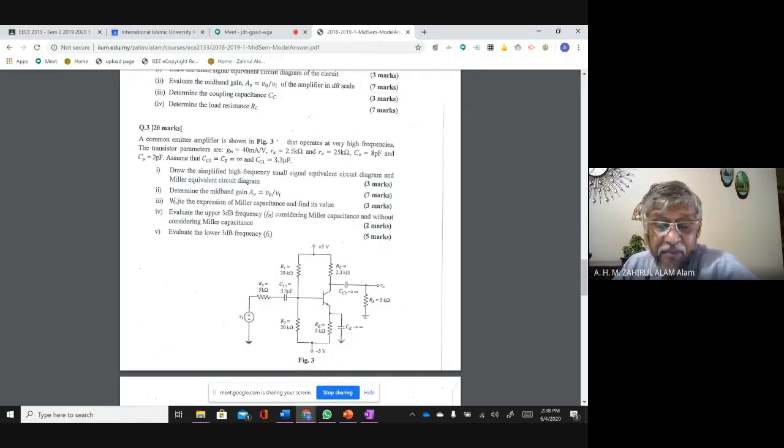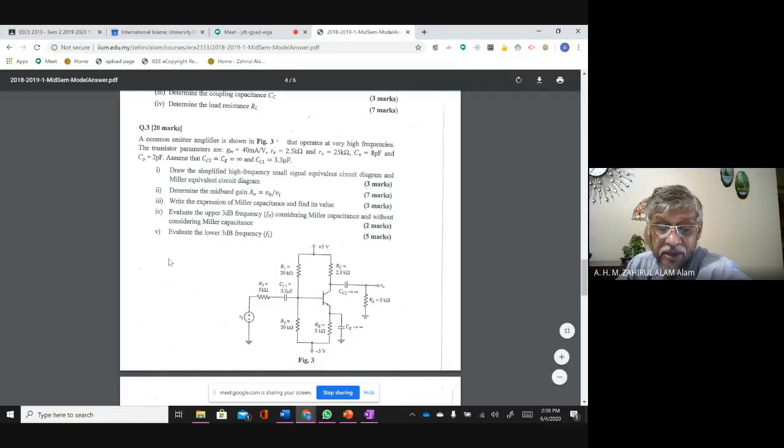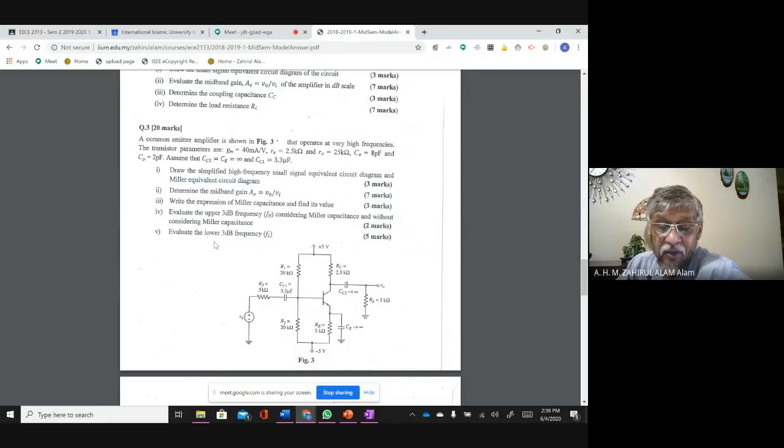The first question: determine the midband gain, A_V, V0 over VI. Write the expression of Miller capacitance and find its value. Evaluate the upper 3 dB frequency considering Miller capacitance and without considering Miller capacitance. Evaluate the lower 3 dB frequency, that means the lower cutoff frequency due to CC1.